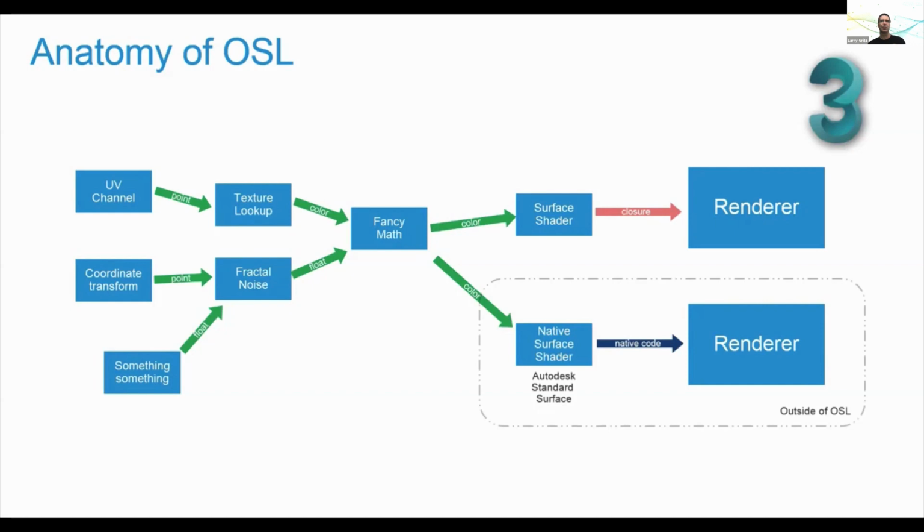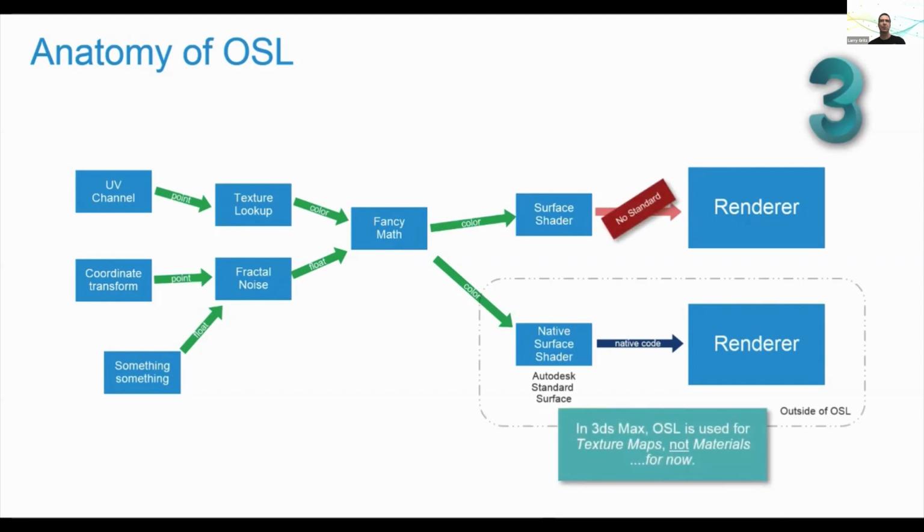We take colors and this kind of stuff from OSL, but the surface shader is based on native code. So it's basically the Autodesk Standard Surface, or as it's known in Max, the Physical Material, that the renderer runs natively. So we don't support closures for now, at least in Max. So OSL itself is only used for textures, not materials.